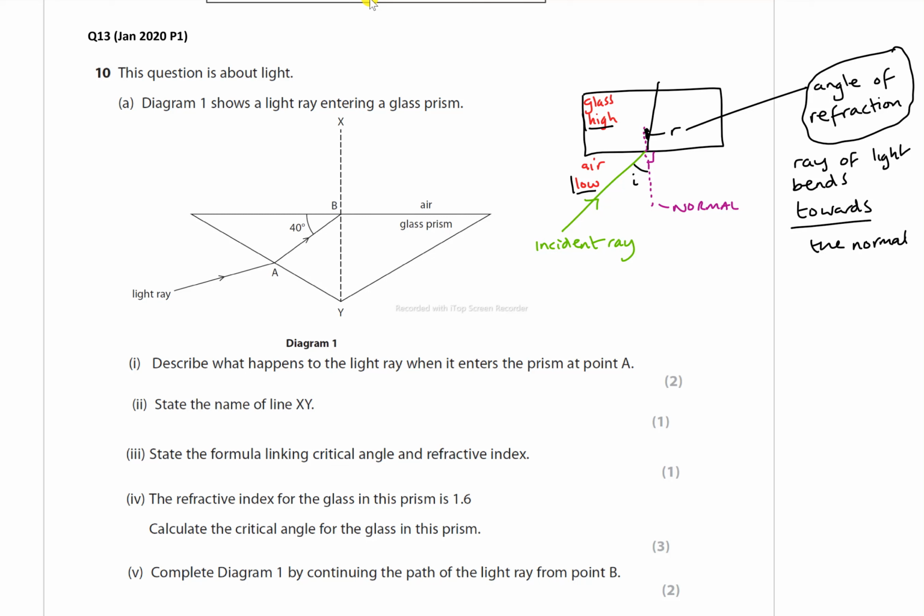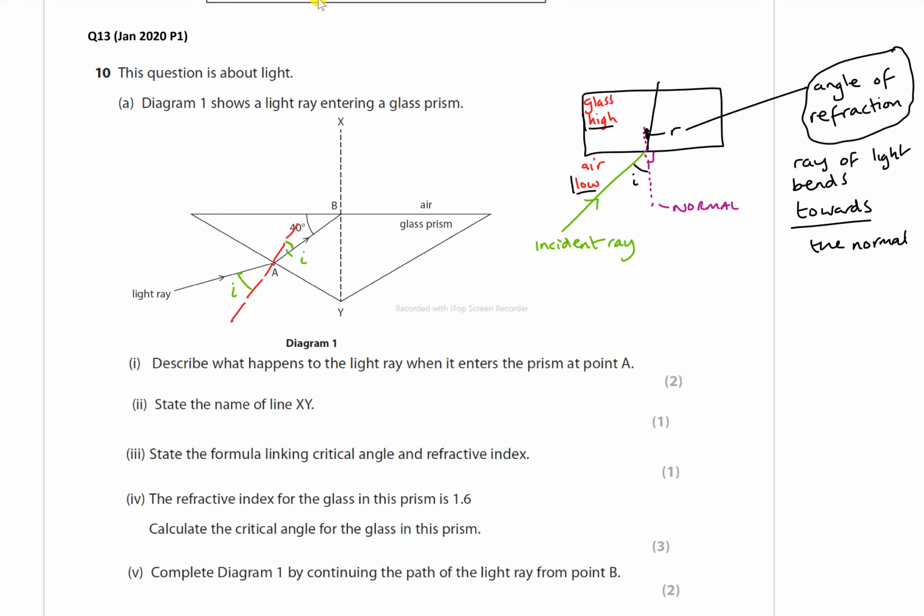Right, so let's draw the normal here. I'm going to try to draw it as a straight line. This is the angle of incidence, and this here is the angle of refraction.